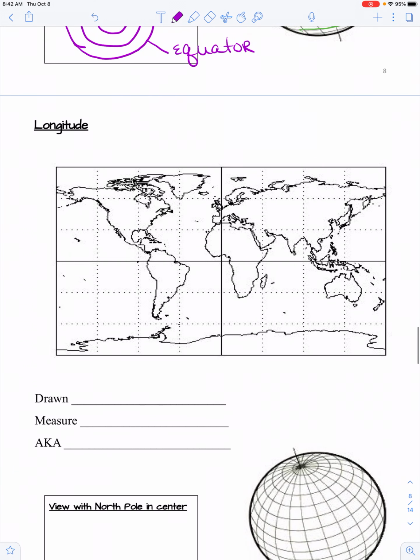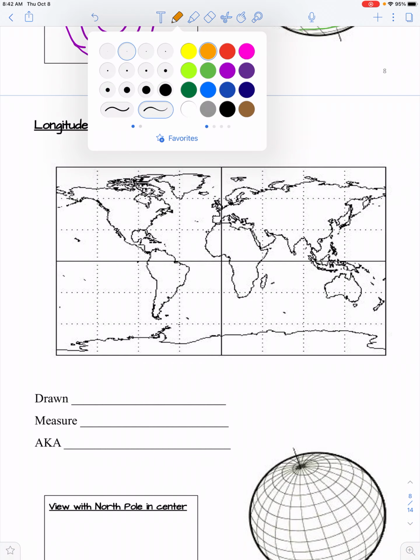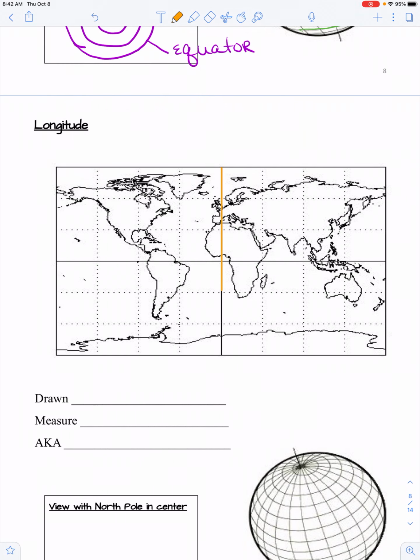And let's look at longitude. So we'll draw those in orange, like we did on our reference table. And we need to have our point of reference.